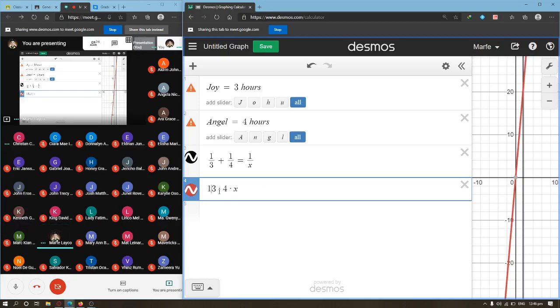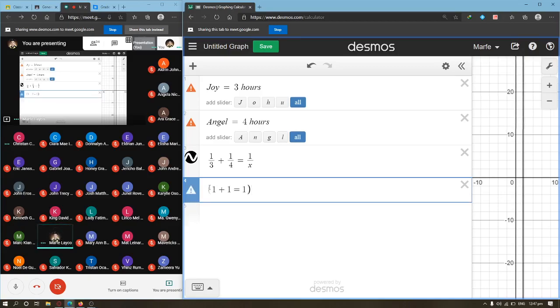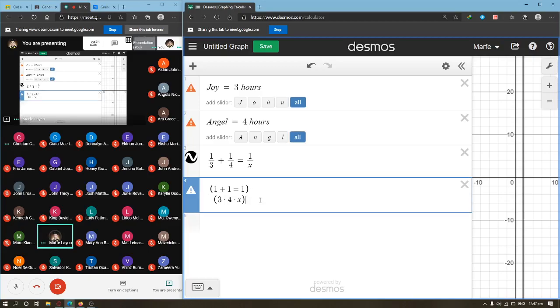Okay. Tapos, meron kang 1. 1 plus 1 is equal to 1. Lahat yan divided by ito. Okay?